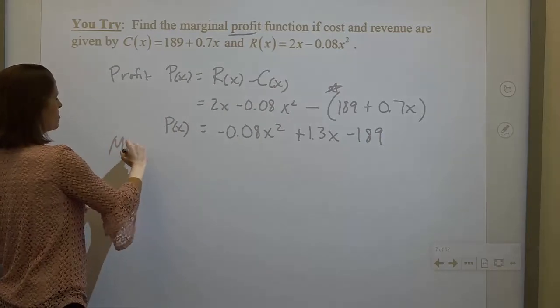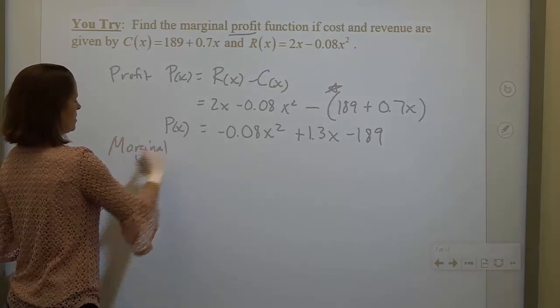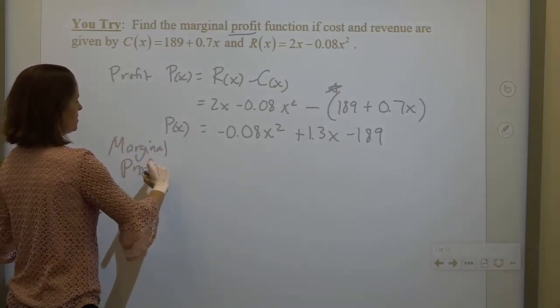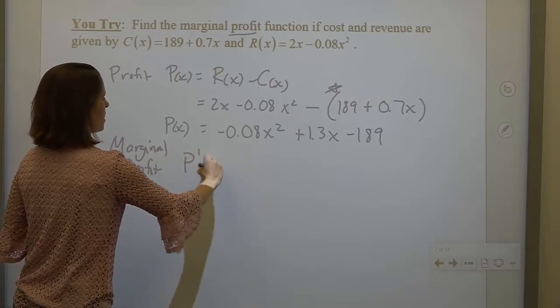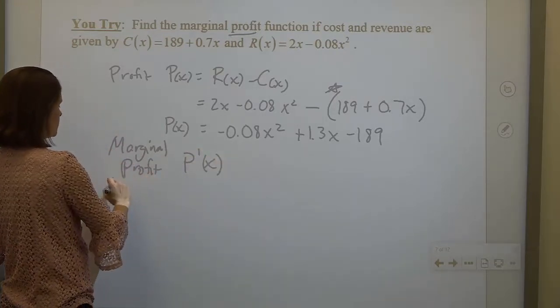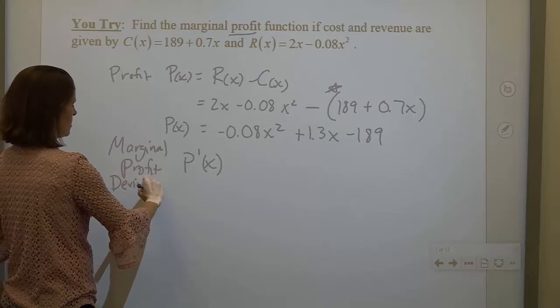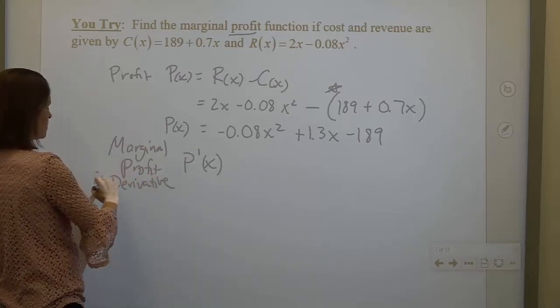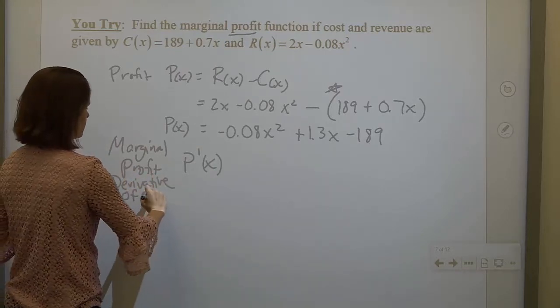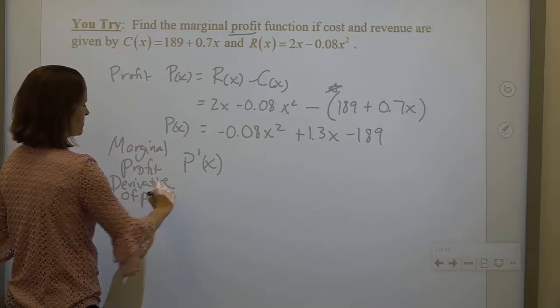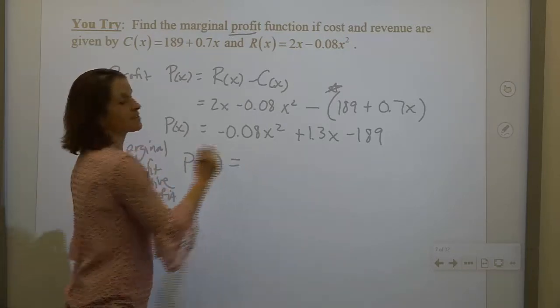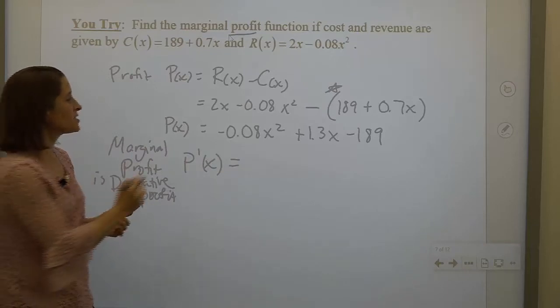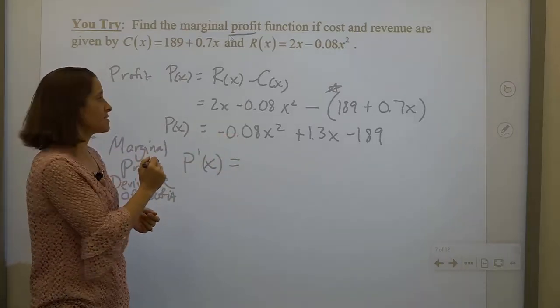And then marginal profit means derivative. So P prime of x is the derivative of profit. I'm just going to apply that new power rule that we learned. Even if I have crazy decimals, it still works the same way.